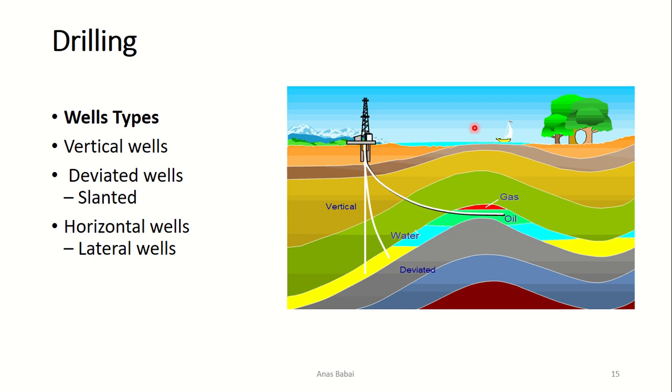So our drill rig can be in this place. For example, in this target we have this lake, and we cannot put our rig in this lake, so we moved the rig onto the land and we drill horizontally toward our target.